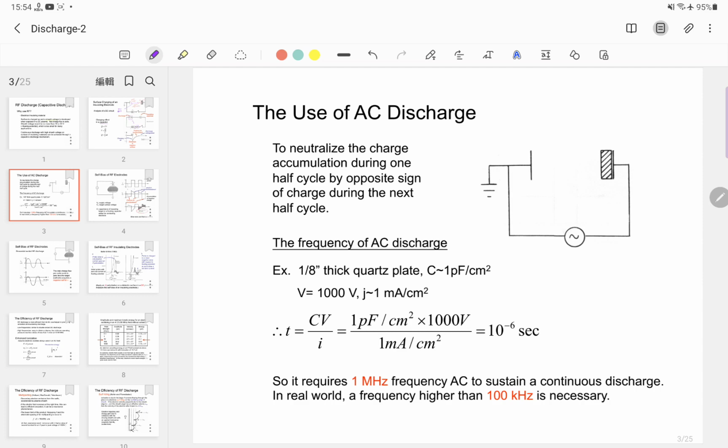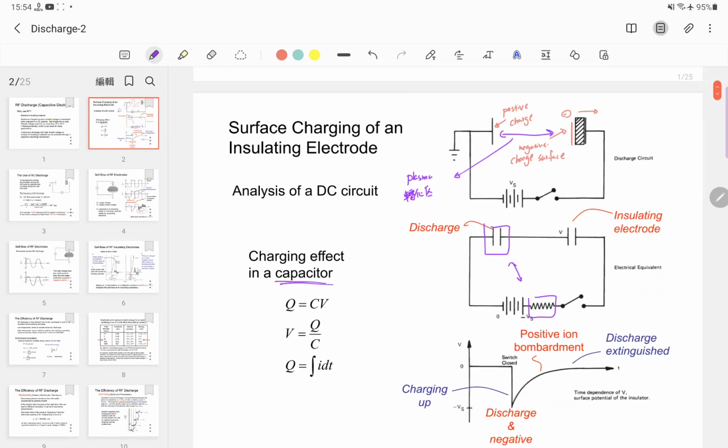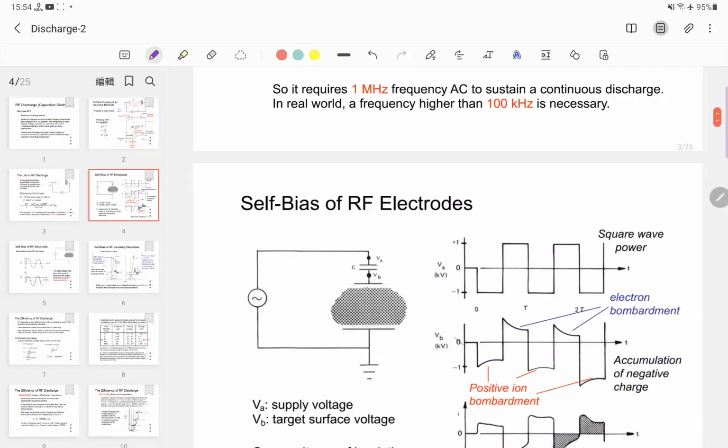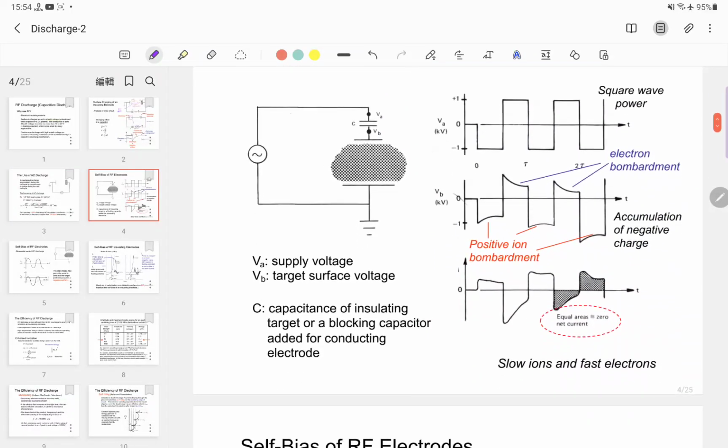So here, the symbol is an AC power supply with different frequencies. In the previous slide, this symbol means the DC power supply. So if we use an RF power supply in a capacitive type discharge, we can generate continuous plasma.